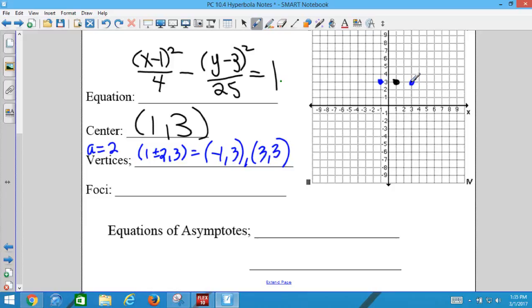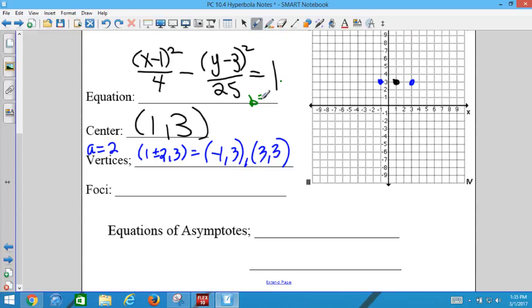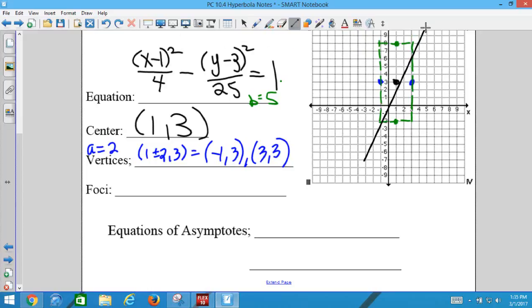Then I'm going to go ahead and do my B value just so I can find that rectangle. B would be what? 5. And that's under the Y, so I'm going to go up and down 5. All right, but not dashed.